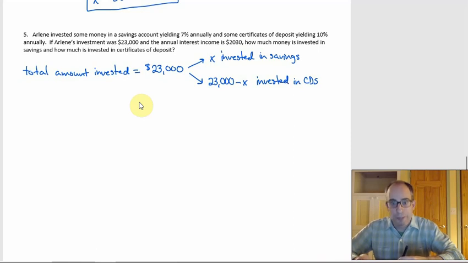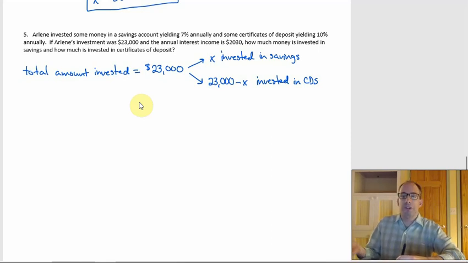That's how I can do this. And this is part of using as few variables as you can. Because you could say, X is the amount invested in savings, and then Y is the amount invested in CDs. But then you'd eventually have to replace Y with this in order to be able to solve it. Or you'd have to replace X with 23,000 minus Y. I guess that would also work.